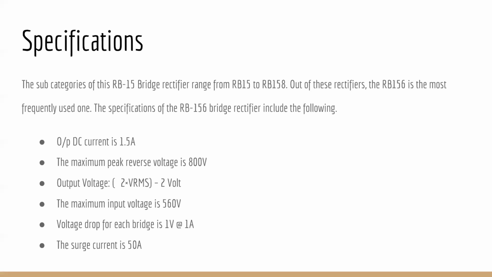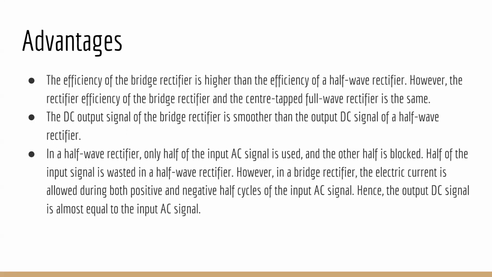The maximum input voltage is 50 volt. The voltage drop for each diode is 1 volt at 1 ampere. The surge current is 50 ampere. The highest DC current of this rectifier is 1.5 ampere.